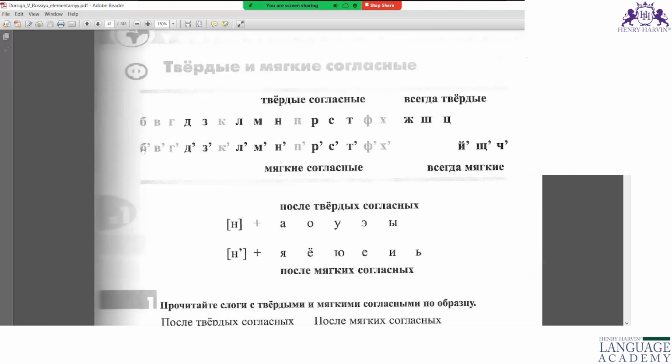So here we have a letter B. Hard B. Here, I try to make it softer, right? B, v, g, d, z, k, l, m, n, p, r, s, t, f, h.